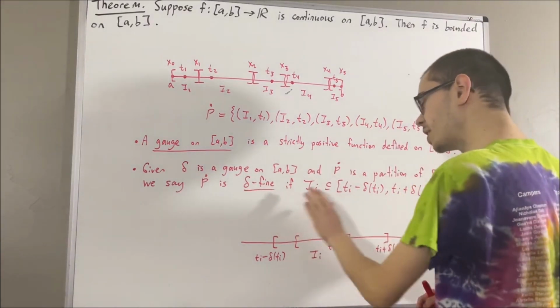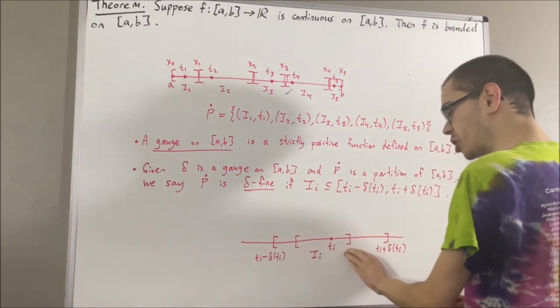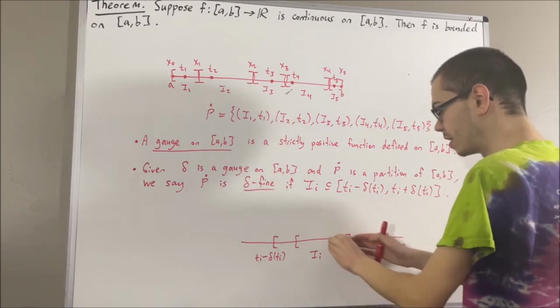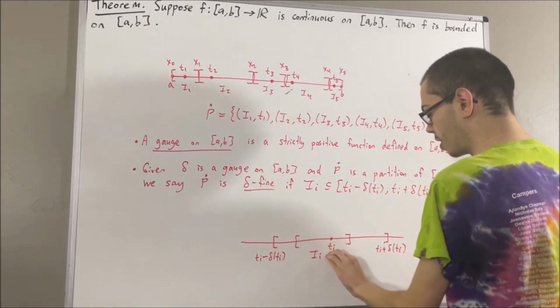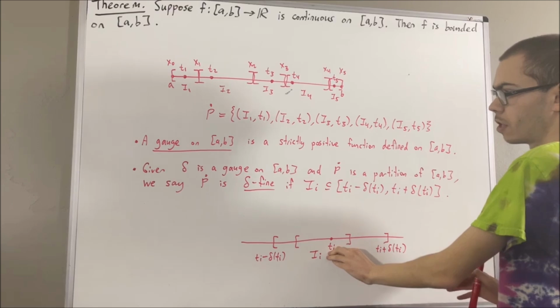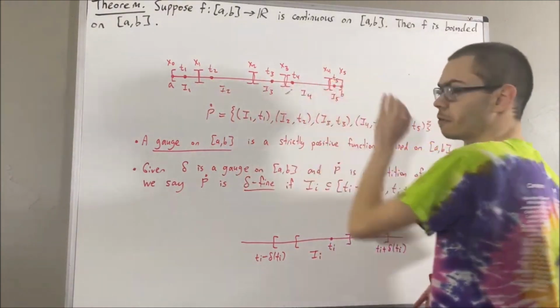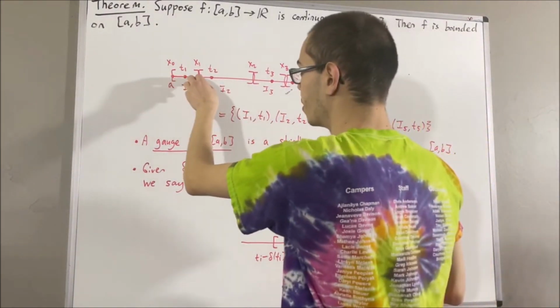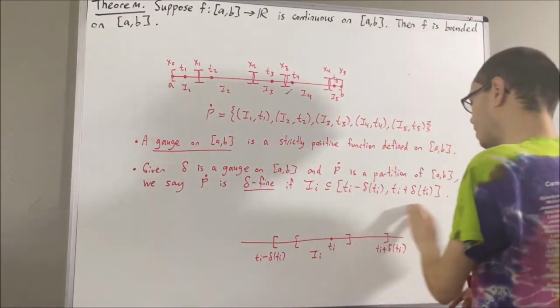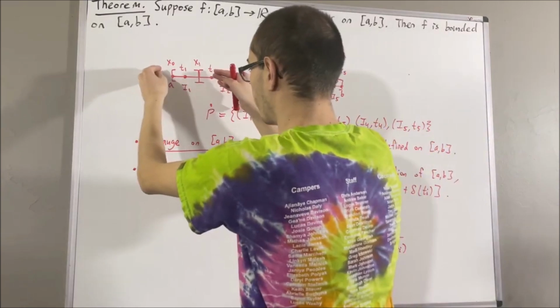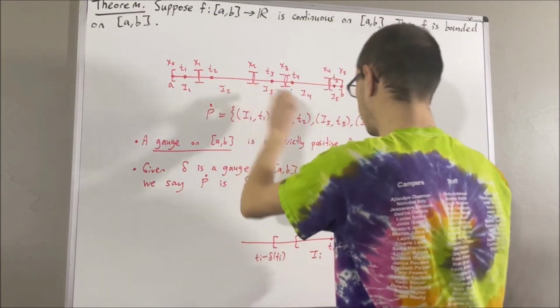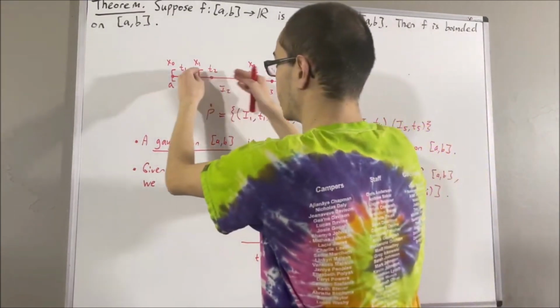So for a partition to be delta fine, we need each subinterval to be a subset of this interval, which is centered at the tag ti. So for example, for this partition to be delta fine, we would need I1 to be a subset of this interval centered at t1. We would need I2 to be a subset of this interval centered at t2.